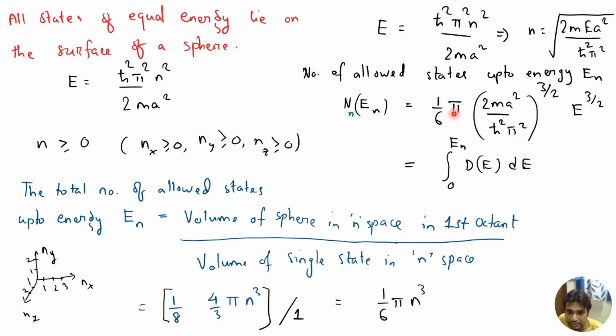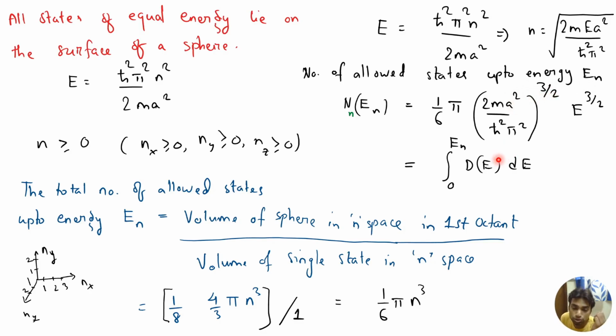So it is 1 by 6 pi times the cube of n. What we have just done is separate this E from the other factors: 2m a square over h bar square pi square to the power 3 by 2 into E to the power 3 by 2. So this is the number of allowed states up to energy En.